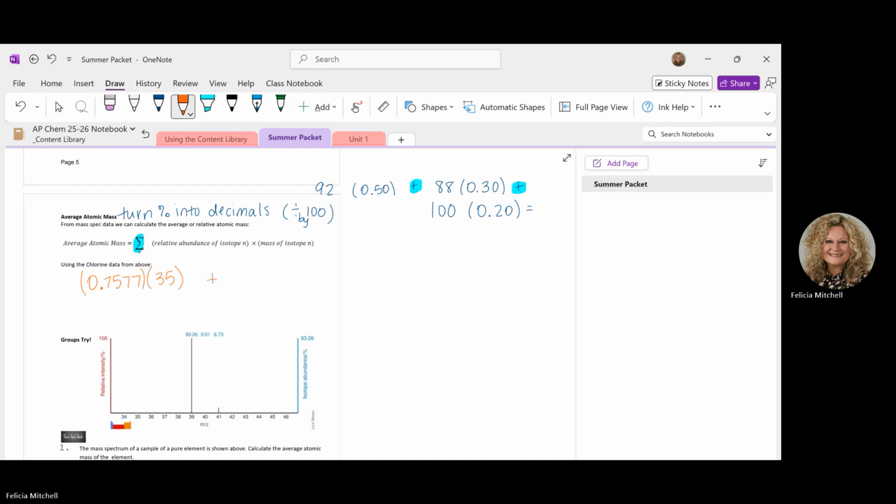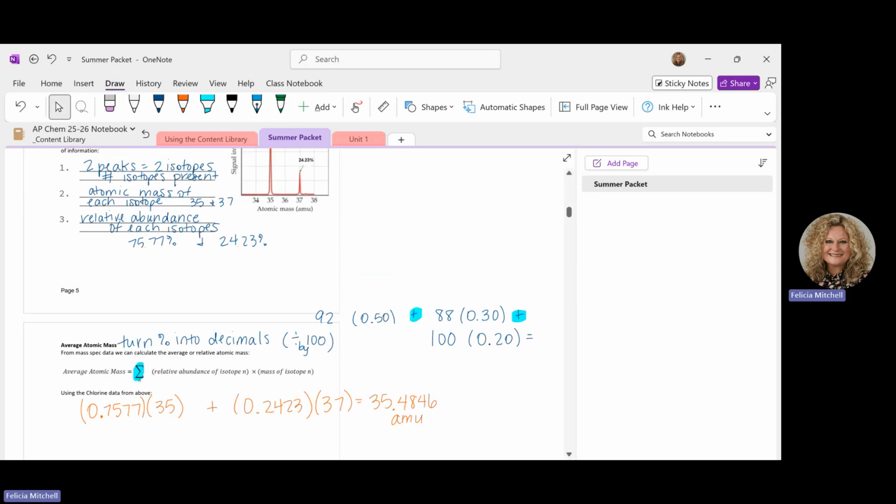Plus 24.23% of the time as a decimal, the mass was 37. I'm getting it from that graph, those peaks. Add that up and you would get 35.4846 AMUs.